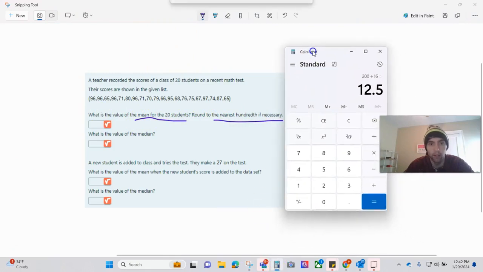So I'm going to add all the numbers and divide that by how many numbers there are, which is 20 numbers.